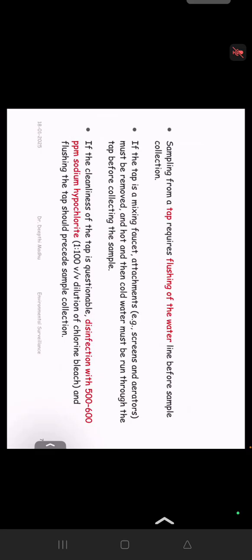But does that mean the water is dirty? No, the tap was dirty. That should not yield a false positive result. So if you have doubt that the tap is dirty, clean the tap first, so that the tap does not mislead us. Just because the water is coming through it, the water does not get dirty.